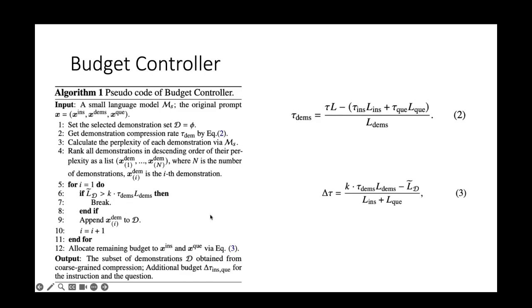Later on we add the compression ratios for the instruction and the question, and hence in equation number 3 it subtracts the maximum number which we have got from here, and that's how the budget controller is formed, and the output would be the subset of demonstrations.